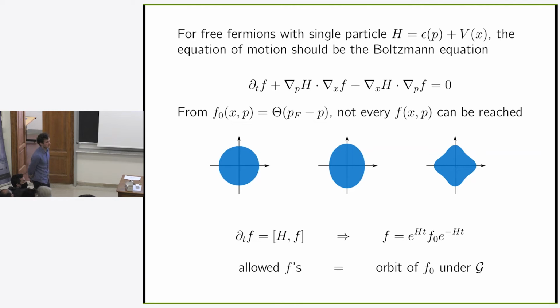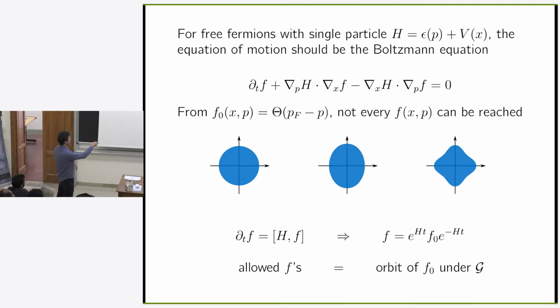You can say group, but I only see one edge. So here, h is some arbitrary function of x and p. Here I'm just imagining I'm an experimentalist who has complete control over my Hamiltonian, and I want to see what possible states I can reach.